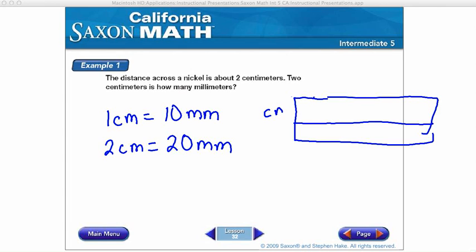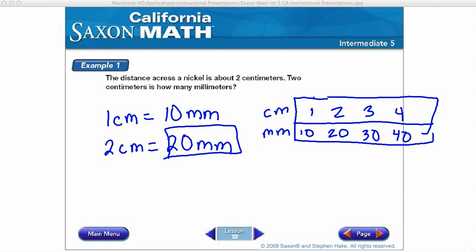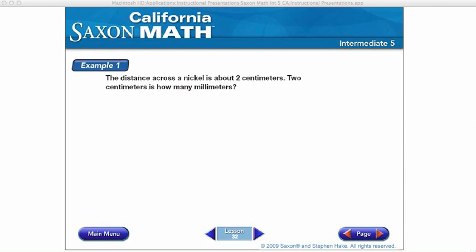So here I have my centimeters, and here I have my millimeters. 1 centimeter, 10 millimeters. 2 centimeters, 20 millimeters. 3 centimeters, 30. 4 centimeters, 40 millimeters, and so forth. So we can see the relationship. To get from centimeters to the number of millimeters, I multiply by 10. So how many millimeters is the width of a nickel? 20 millimeters.